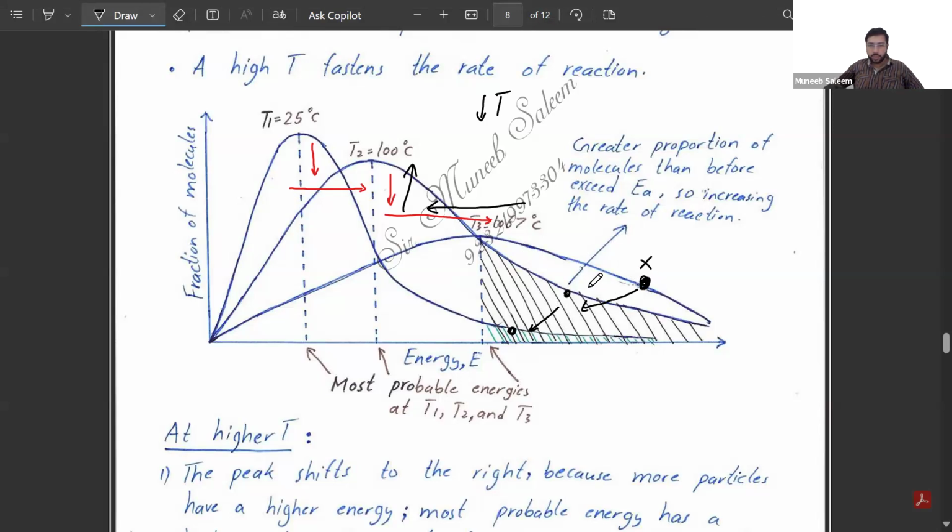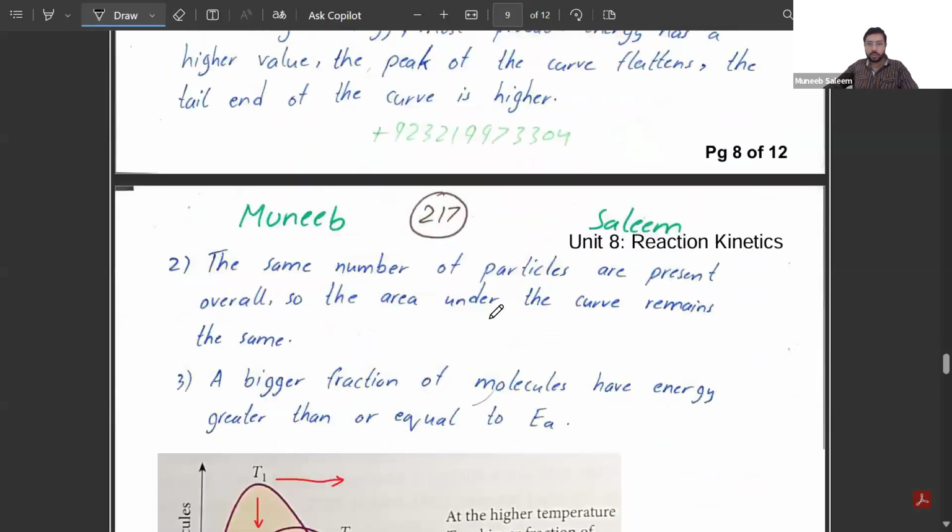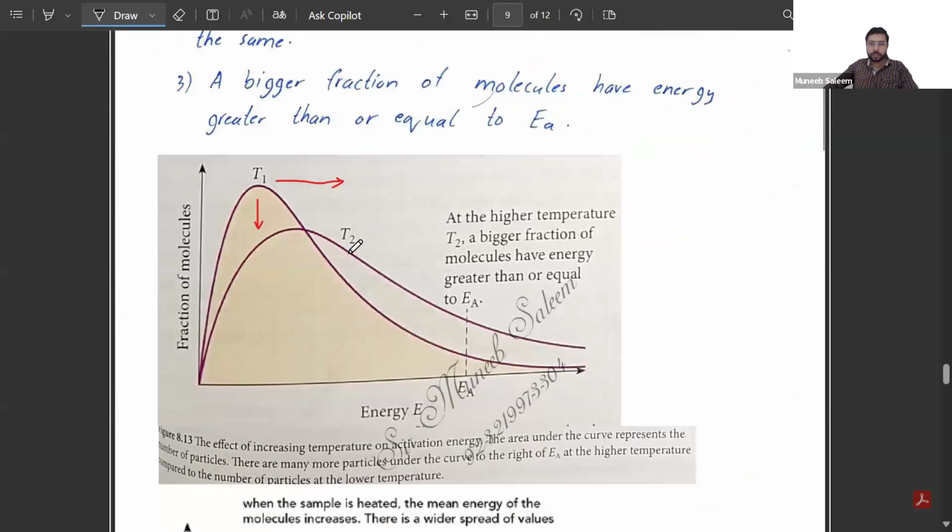So if we decrease the temperature, the x value is going downward and toward the left side. Similarly, you can find the same over here. T2 has a high temperature as compared to T1. This is the value of EA. We have to find the value of x. So if the temperature is decreased and initially it was over here, then it should move to the lower position at the lower temperature.